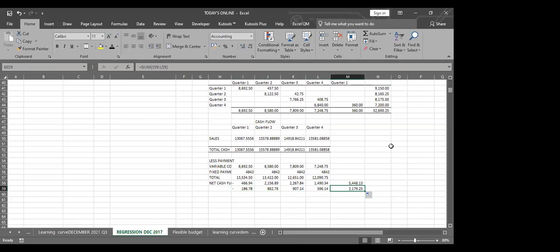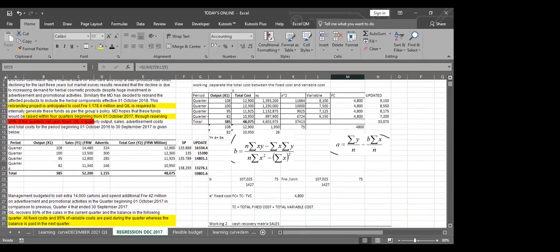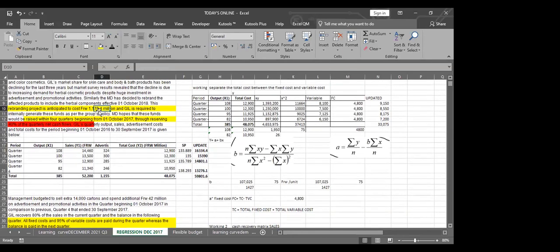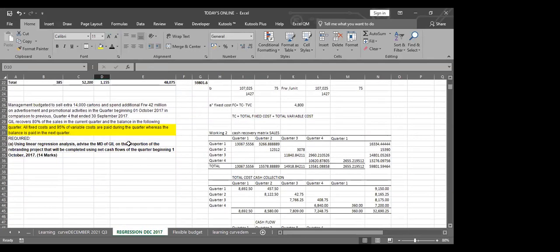They'll solve the whole of it, because as far as I'm concerned, they'll collect this, collect that, collect this, which when you add, it is 2,000, and 2,000 is in millions, so it will be able to solve this. So what proportion will they cover? Because they ask to advise the MD of GIL on the proportion of the rebranding project that will be completed using that.